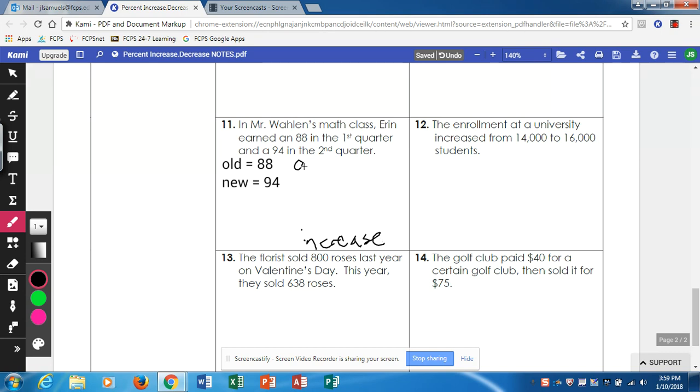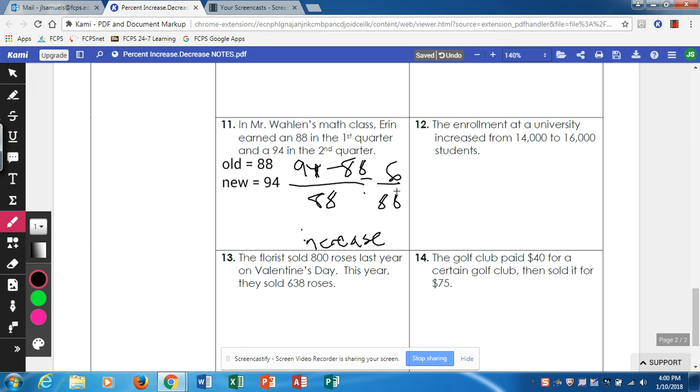So new minus old. So 94 minus 88 over old, over 88. And that gives us a difference of 6. So 6 over 88.